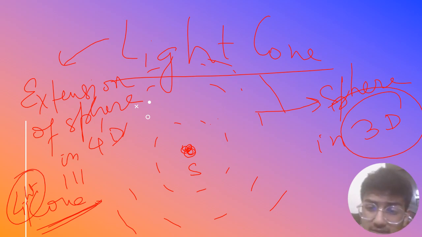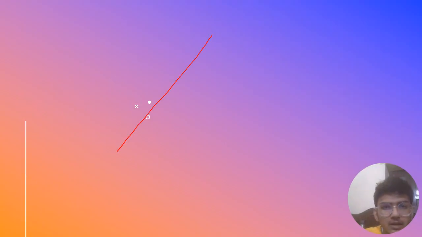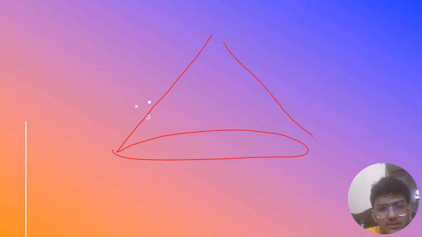It is not a sphere. Even a cone is a 3D structure, but we are talking about the light cone. So it is an extension of that sphere in the 4D system. It will look like this, what we discussed, the cone and here the extension.